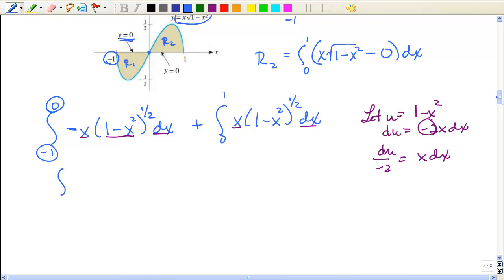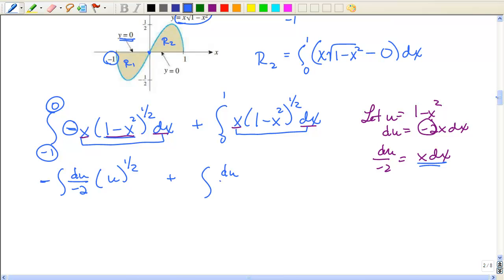So if I substitute in, I'm going to take out that negative for this, and then x dx is du divided by negative 2. And then this is u to the 1/2 power. Continuing on, just in terms of u, again x dx is du over negative 2, and this is u to the 1/2 power.